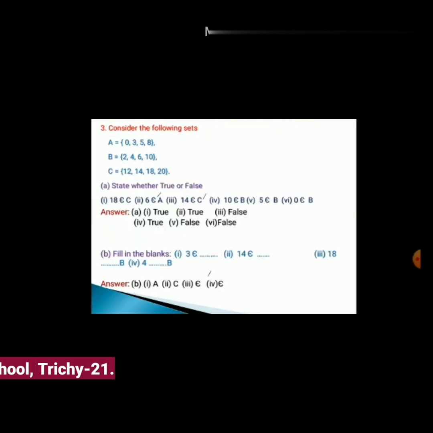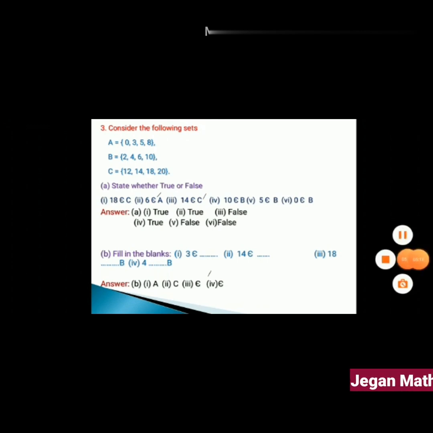Next one. The third question, consider the following sets. A contains 0, 3, 5, 8. B contains 2, 4, 6, 10. C contains 12, 14, 18, 20.